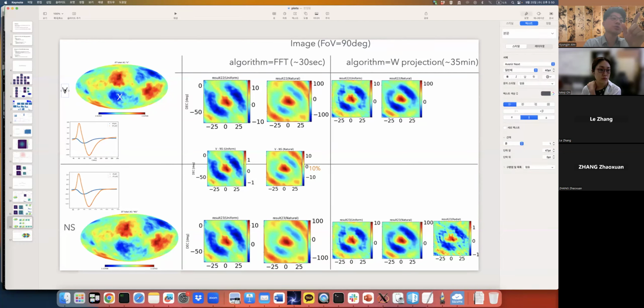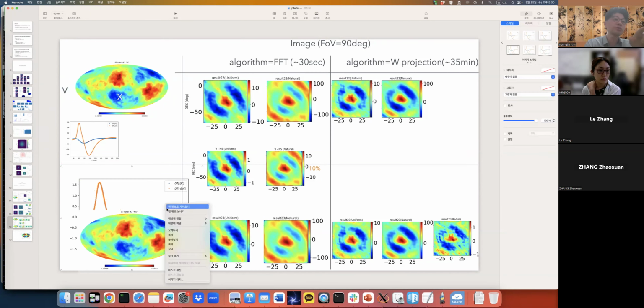The monopole delta TB goes to something like 200 millikelvin, very typical absorption depth in lambda CDM type 1. And then the next one is EDGES-like, so it goes to 500 millikelvin.